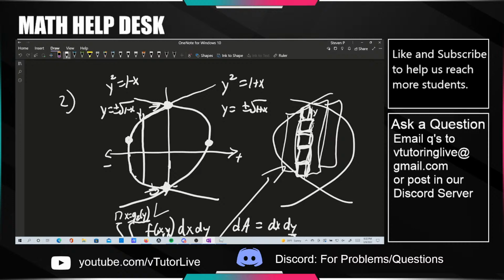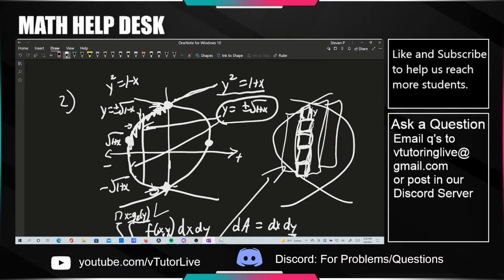The top is this top curve, which is the square root of 1 plus x, because this is this curve. So the top part is the square root of 1 plus x, and the bottom part is the minus square root of 1 plus x. This information is giving us these two.